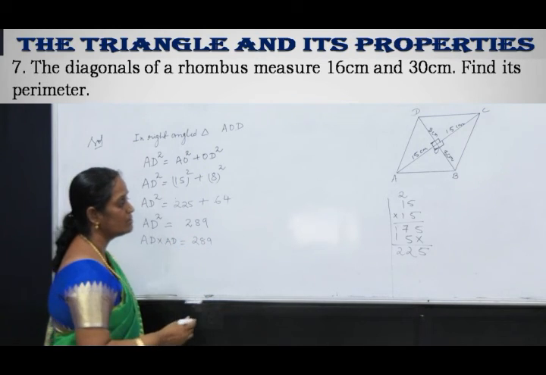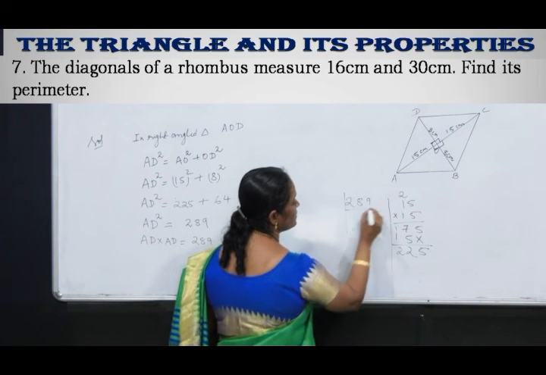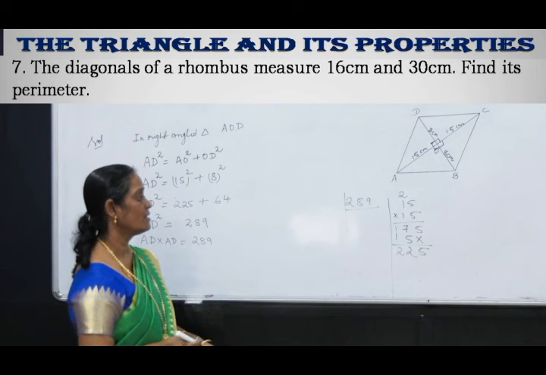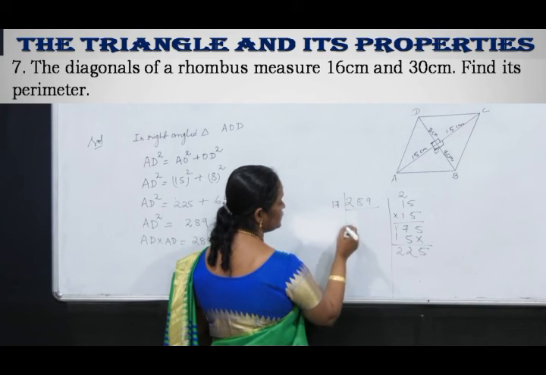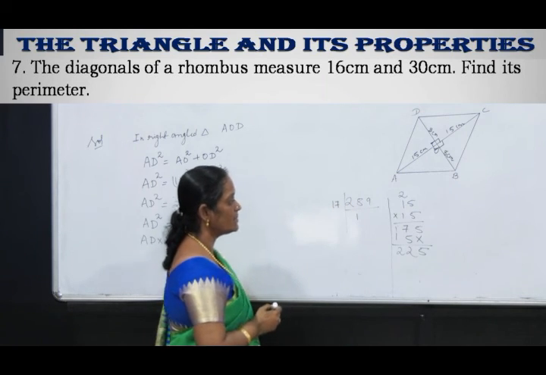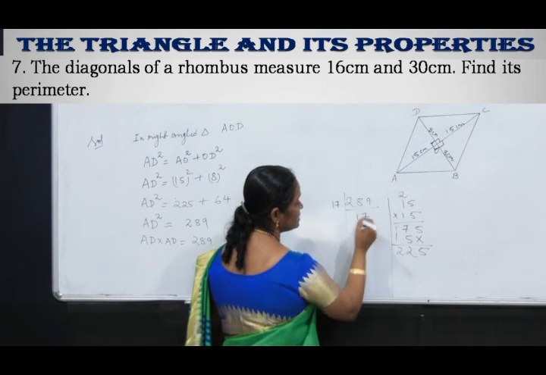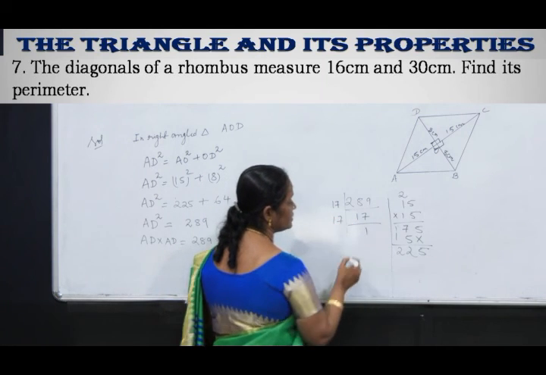Now let us find the prime factorization of 289. So here 289 is 17 into 17. 17 ones are 17, 17 7s are 119.